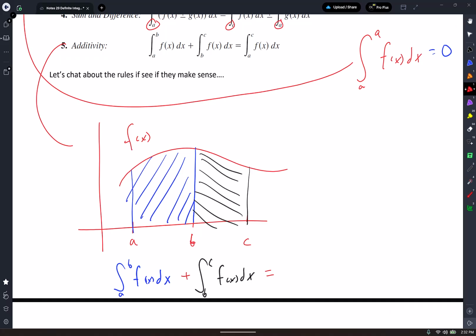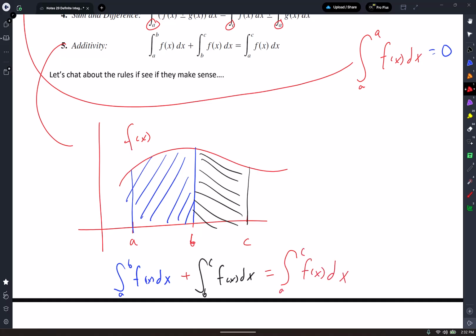Do you agree that if I take everything in blue and add everything in black, that is the area under the f of x curve from a all the way to c? And notice that's what it says, from a all the way to c of that curve. Cool or not cool? All right, so here we go. That equals the area under the curve from a to c of f of x dx.